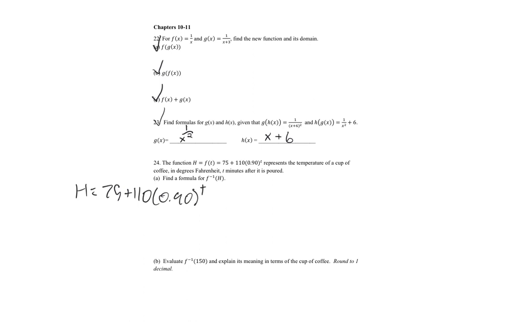So to get a function where you plug in the temperature and you get back the time, well, we just have to solve for the time. So let's subtract 75 from both sides. Well, now let's divide by 110. Well, now we can take natural log of both sides to bring down that exponent.